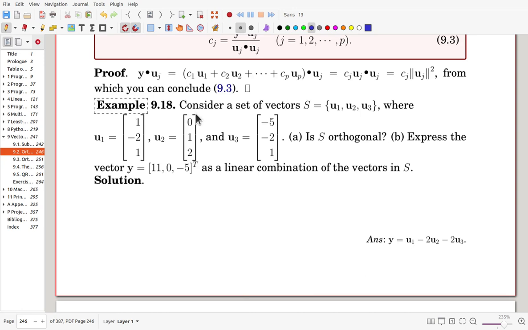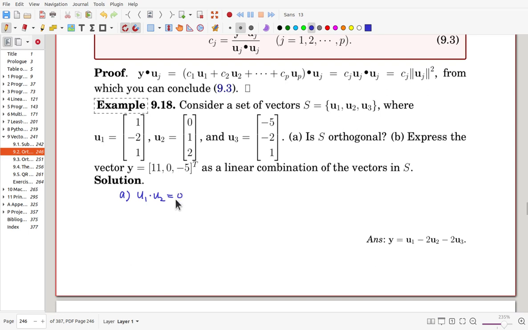Consider a set of vectors u1, u2, u3 here as orthogonal set S. Express the vector y as a linear combination of the vectors in S. Okay, first we have to figure out the set is orthogonal. u1 dot u2, two vectors we make a dot product: 0 minus 2 plus 2.